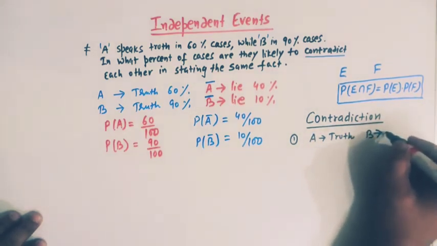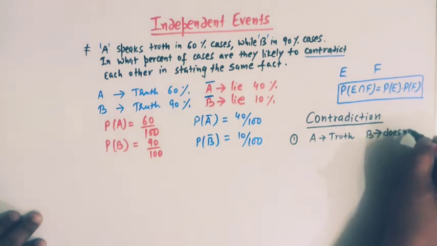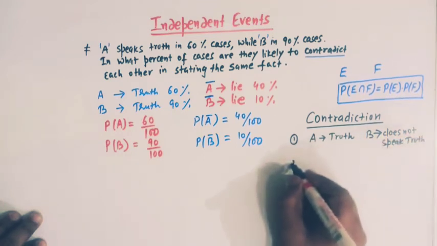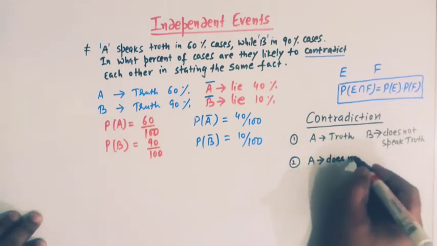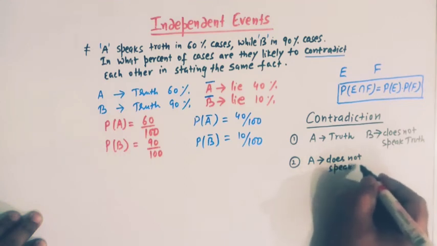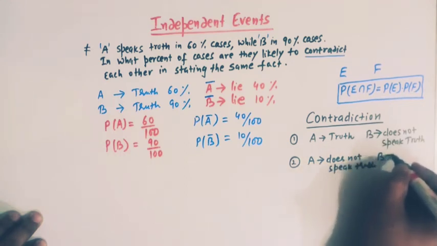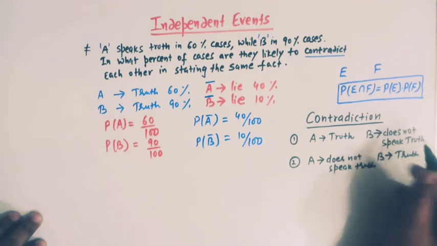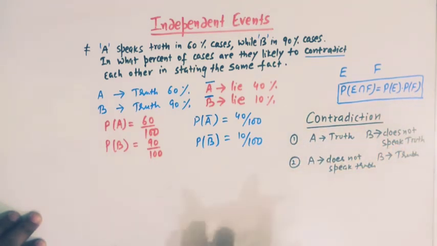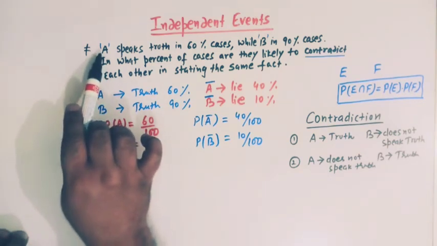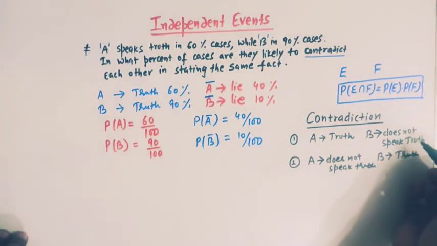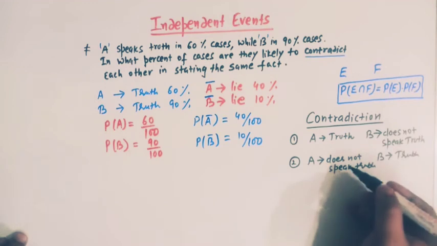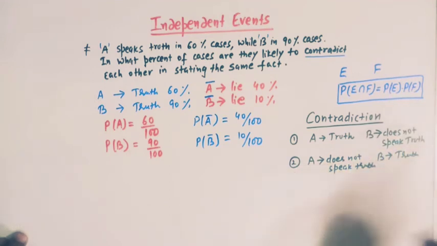The second case arises if A does not speak truth while B speaks truth. These are the only two cases where A and B will contradict each other.